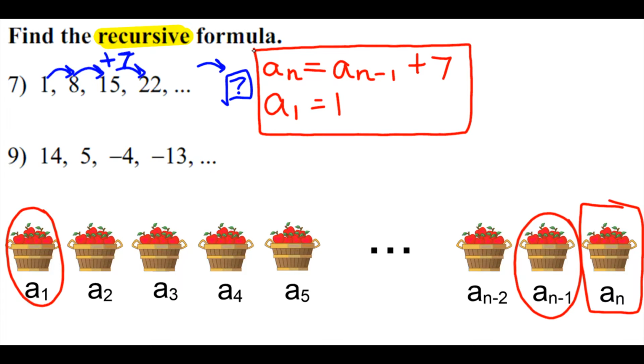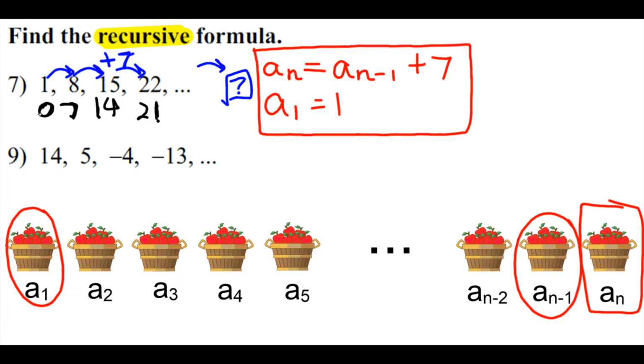If you didn't put that second statement, if you didn't say A1 equals 1, then you might have a repeated answer. If I said 0, 7, 14, 21, oh my gosh, if you notice, that's the same pattern. You're taking a number and adding 7, adding 7, adding 7.